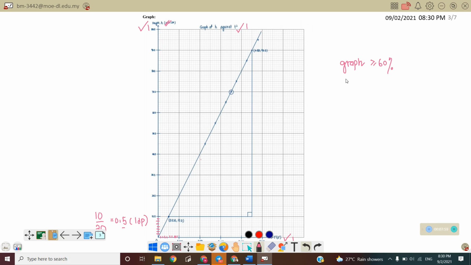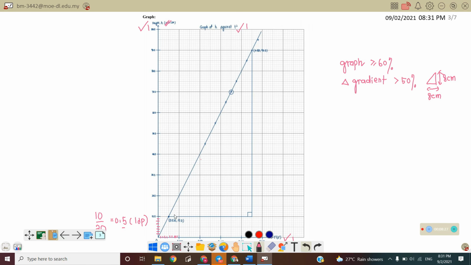And also the triangle gradient must also be greater than 50%, usually 50% is 8 cm. Here 8 cm or 8 small scales. Here also 8 small scales.